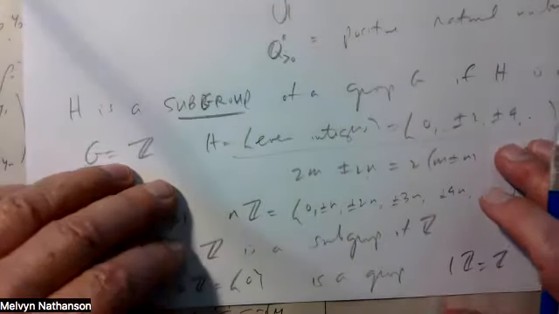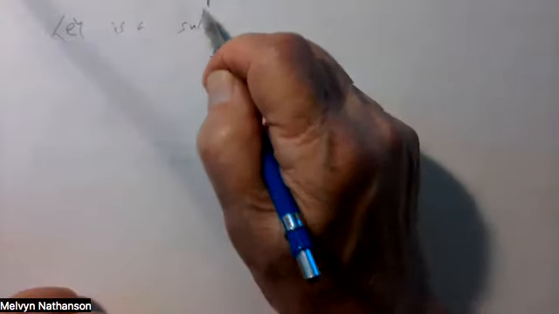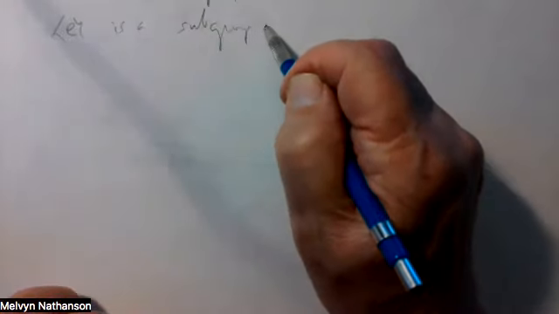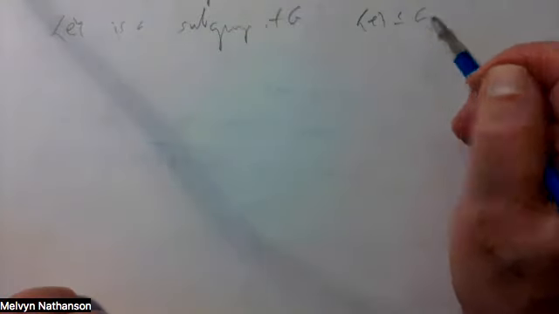In fact, every group has 2 trivial subgroups. G is a subgroup of itself because G is contained in G. And if you take just the identity element E, this is also a subgroup of G. Right?